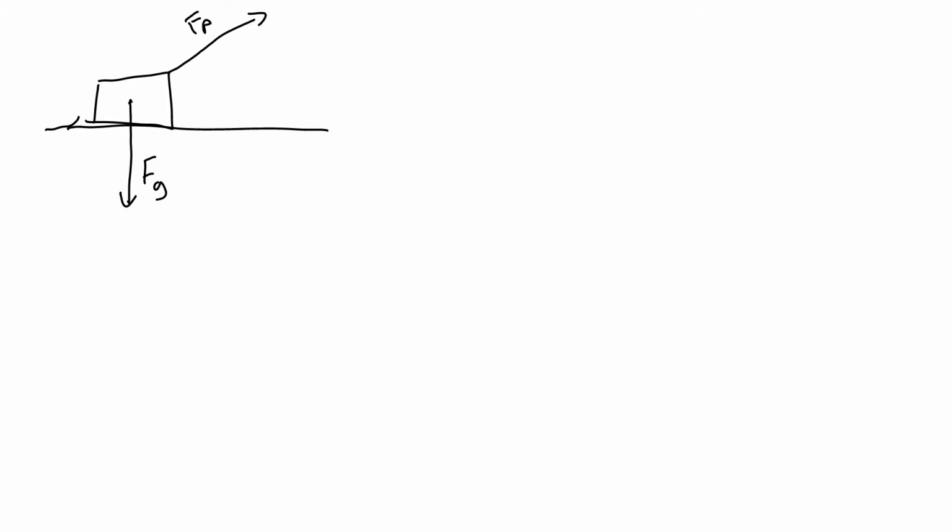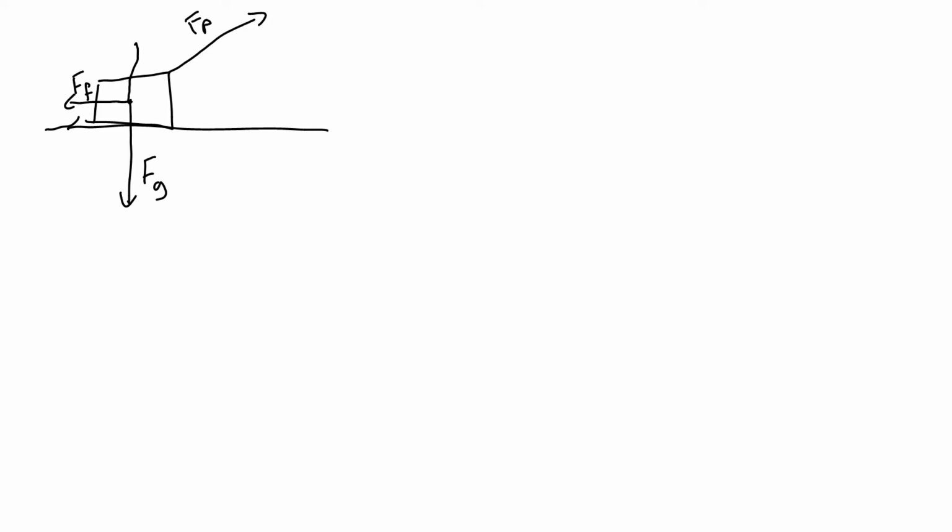If you're pulling on a wagon, you're pulling at an angle. So we've got a box and a force acting. We're going to call that the pulling force, and there is friction here. What other forces are going to be acting on this box? Friction, gravity, and the normal force.